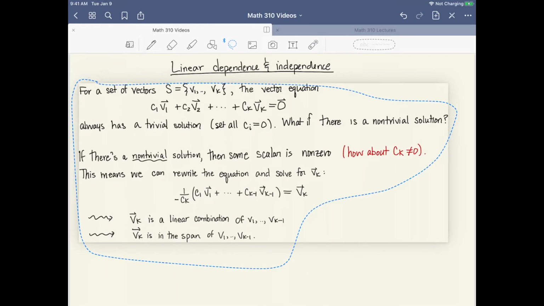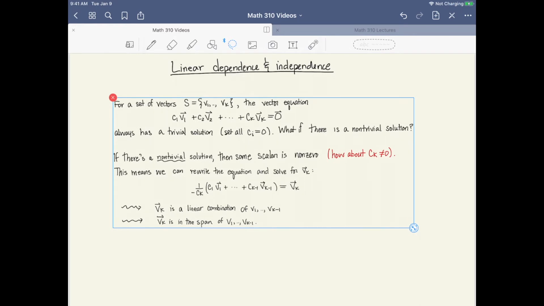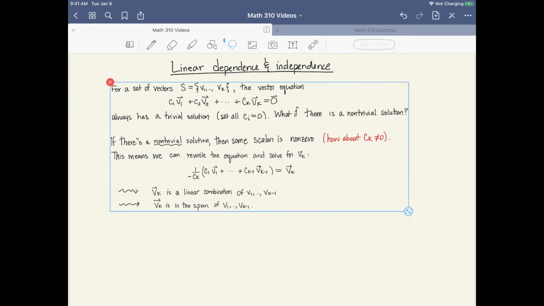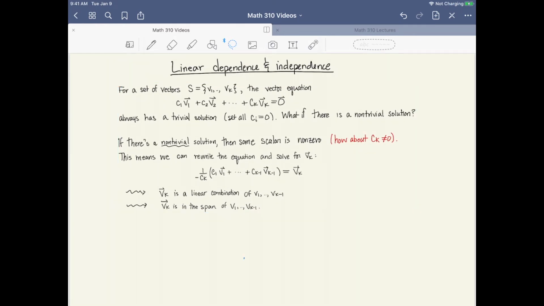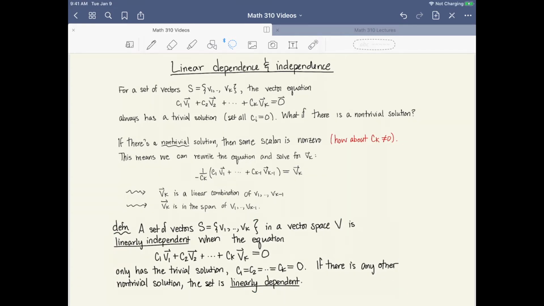So we've been talking about linear independence and dependence a lot in passing. We've been using it implicitly or explicitly here and there, but now we're actually prepared to write down the definition of linear independence. So here's the definition that we want. We're going to say that a set of vectors, S, in a vector space, be it Rn or anything else, is linearly independent when the vector equation, c1 v1 through ck vk equal to the 0 vector, only has the trivial solution.